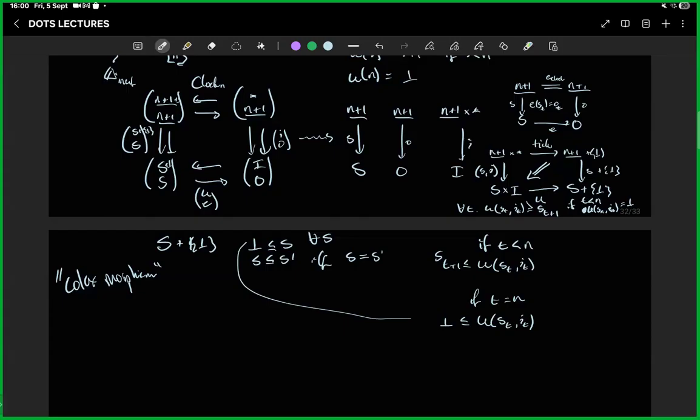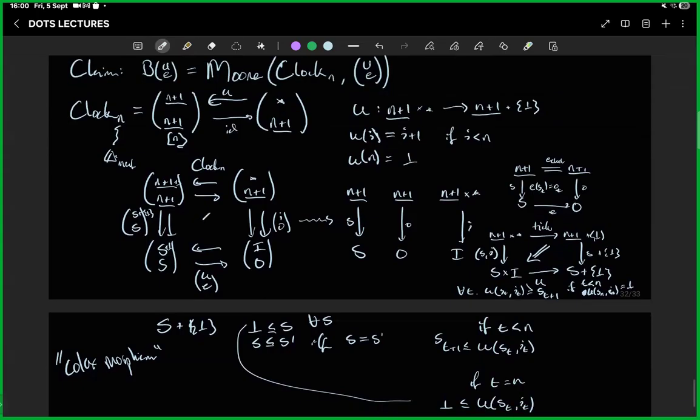But what we've succeeded in doing, in giving this notion of morphism, is that we've actually discovered that this claim about the sequences is true, as long as we define this notion of morphism.